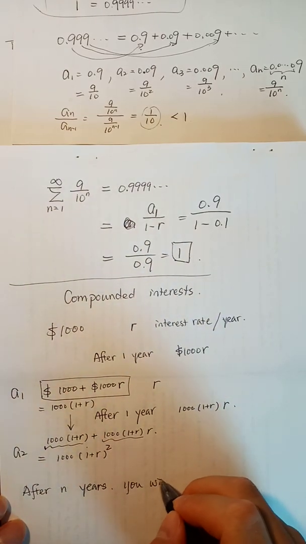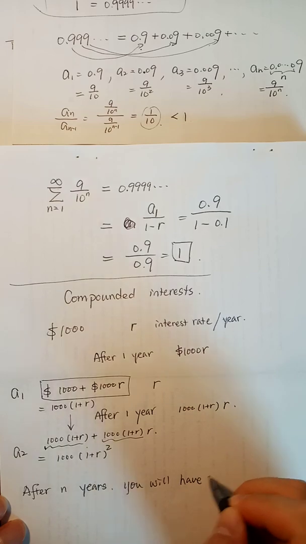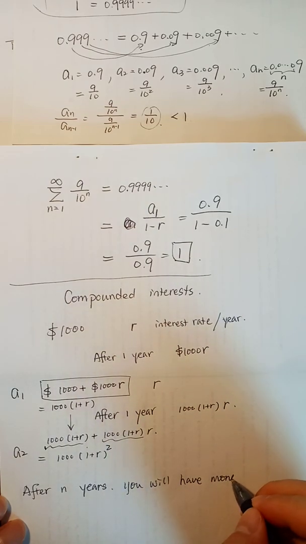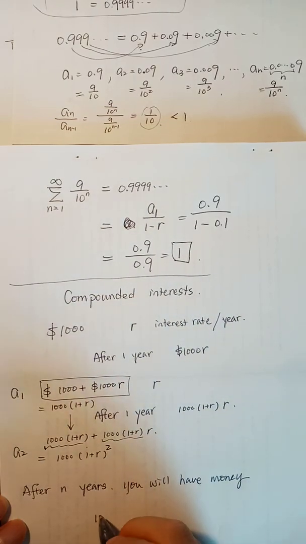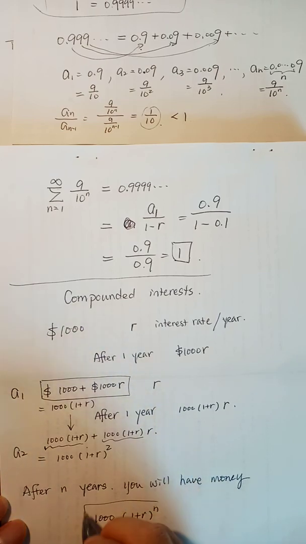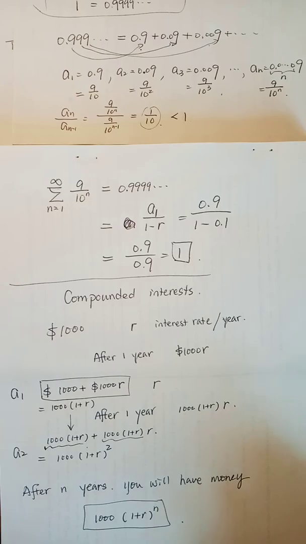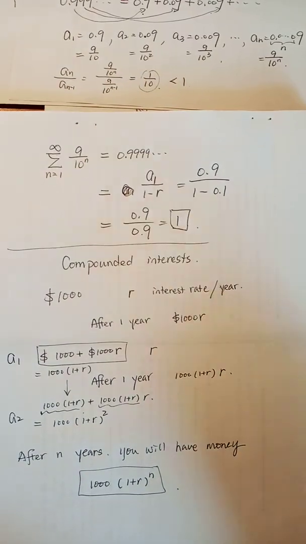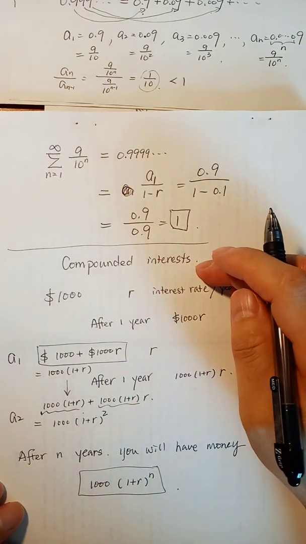you will have money: your principal times (1 plus R) to the n. So that's compounded interest.